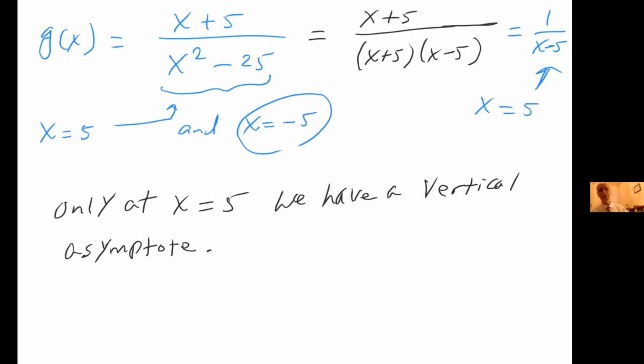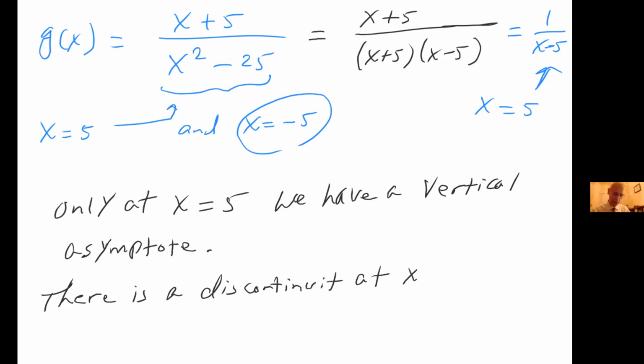So does -5 do anything to the graph of g of x? The answer is yes. There is a discontinuity at x equals -5 if you graph g of x.